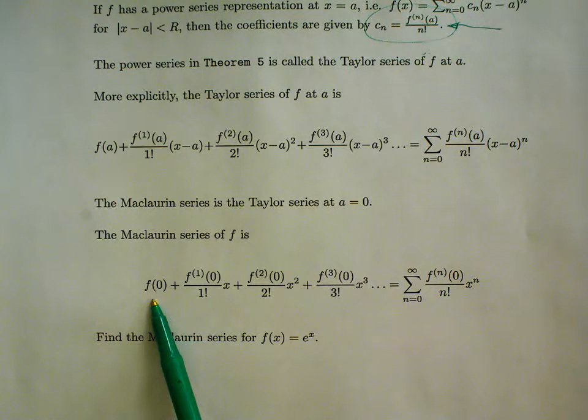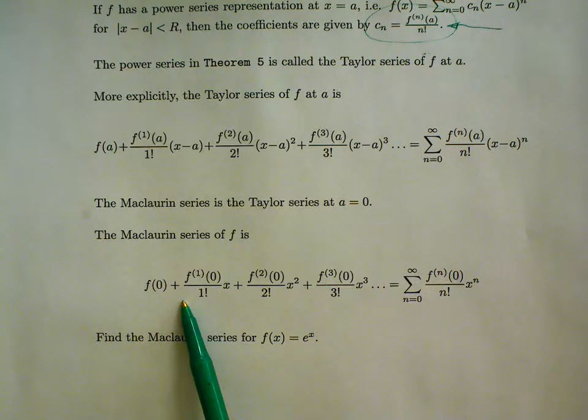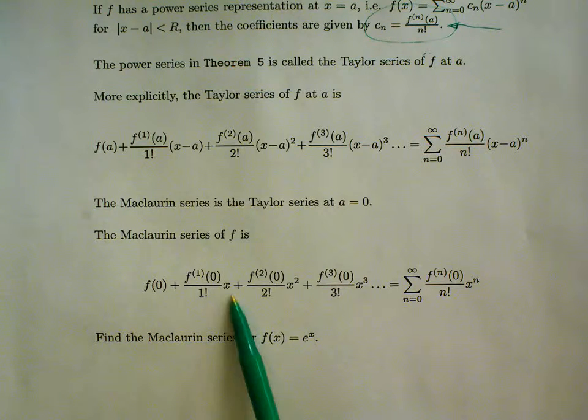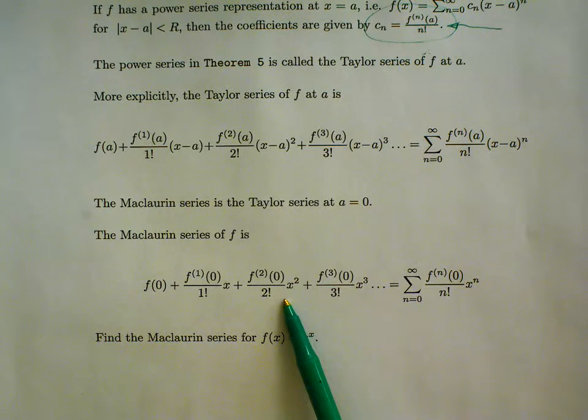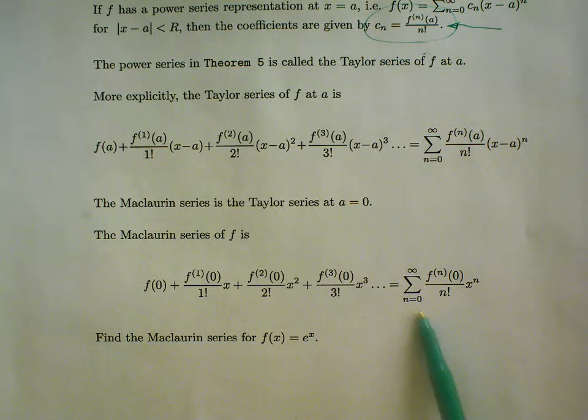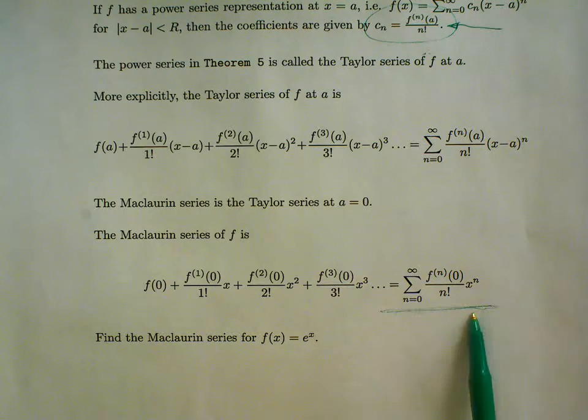So the Maclaurin series is f of 0 plus the first derivative of f evaluated at 0 divided by 1 factorial times x, and then plus the second derivative of f evaluated at 0 divided by 2 factorial times x squared, and so on. And here's the sigma notation for the Maclaurin series of the function f.